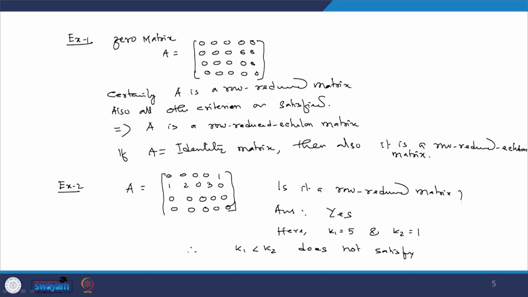But if I exchange the first row to the second row and the second row to the first row, then certainly you will get a row reduced echelon matrix. Now, as in the case of any m cross n matrix over the field capital F being row equivalent to a row reduced matrix, here also any m cross n matrix over the field capital F is row equivalent to a row reduced echelon matrix.